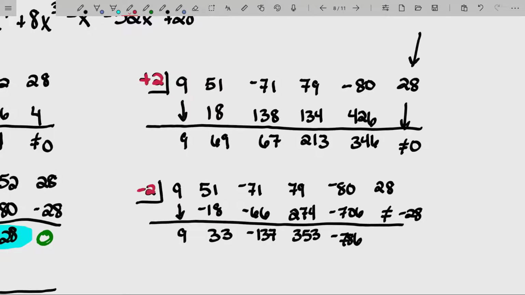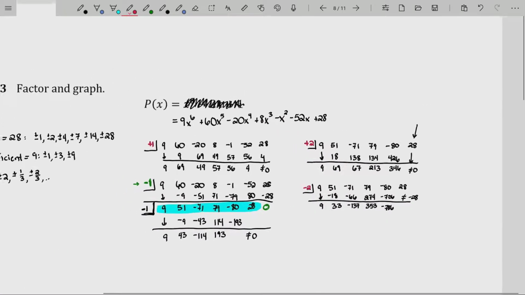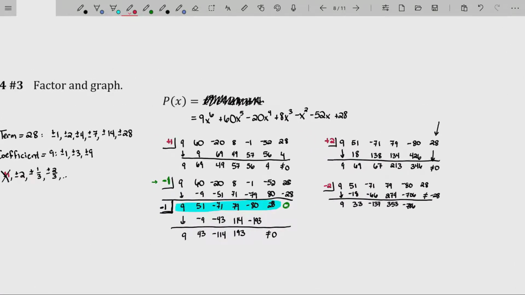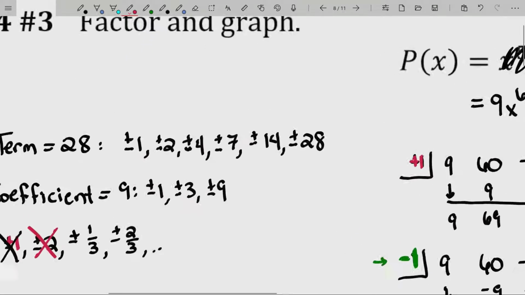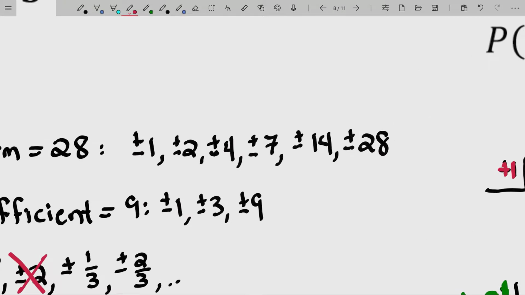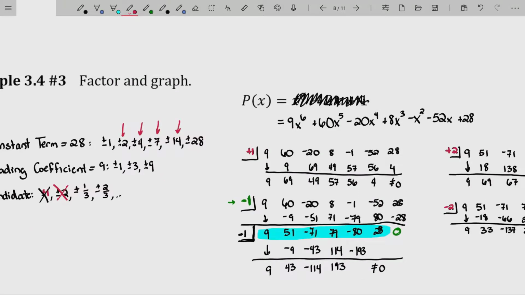And it's a great example to showcase how exhaustive this process can be. It's just a really, really hard process to go through. So I'm going to cross out this plus or minus 2. I'm going to go immediately to the plus or minus 1/3 and then the plus or minus 2/3. Yes, I could go to plus or minus 4, plus or minus 7, plus or minus 14, but I'm seeing that as these numbers get larger and larger, all things are swinging wildly at the end with my computations.